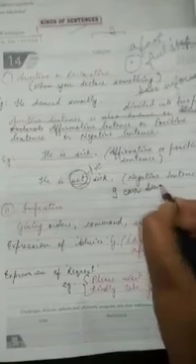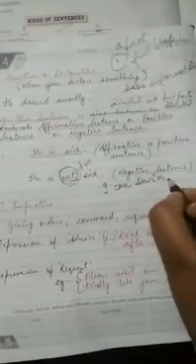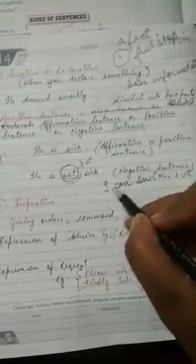Similarly, I can swim. This is a positive sentence. Then I cannot swim. When I added not over here, it became a negative sentence.